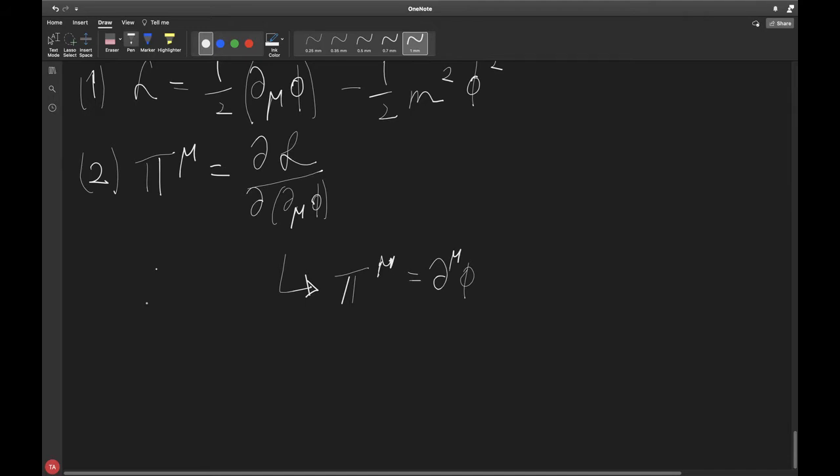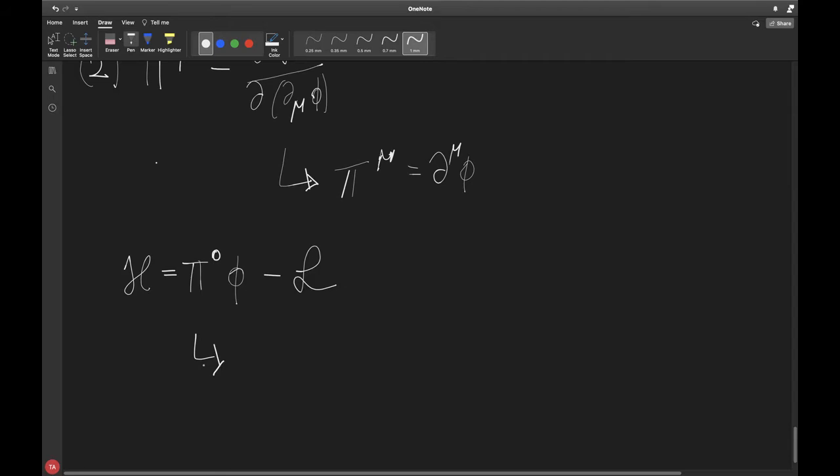So then again in this case, this leads to 1/2 the derivative of phi divided by time, which I denoted as phi dot squared, plus 1/2 the nabla of the phi squared, plus 1/2 m squared phi squared.